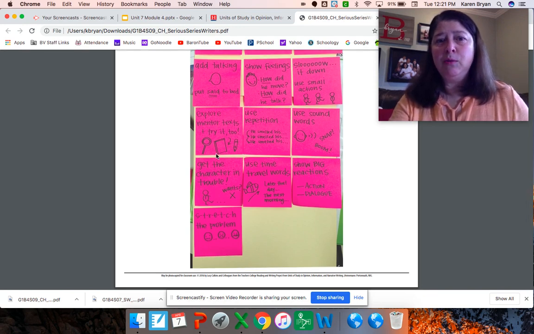Next up is explore mentor text. Henry Mudge is a great mentor text, okay? They go on lots of fun adventures. Use repetition. Henry and Mudge does a great job. Remember when they go on the smelly hike?